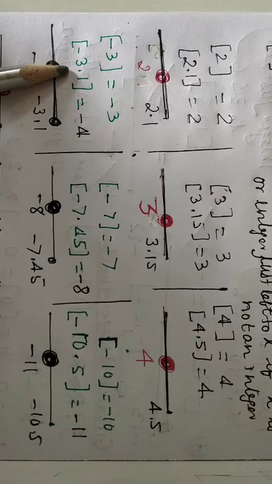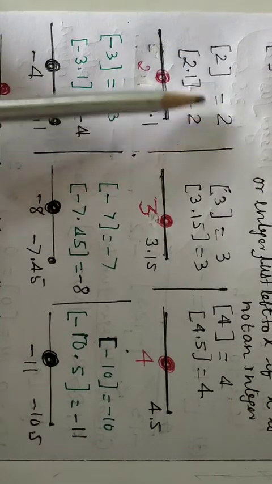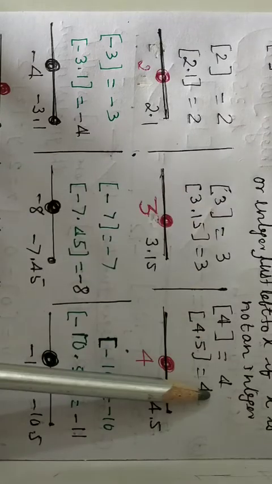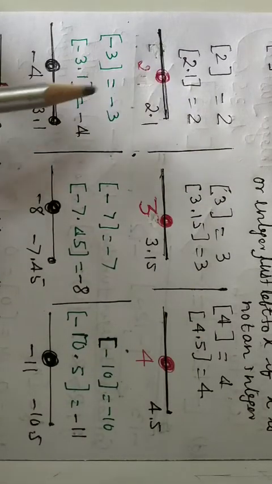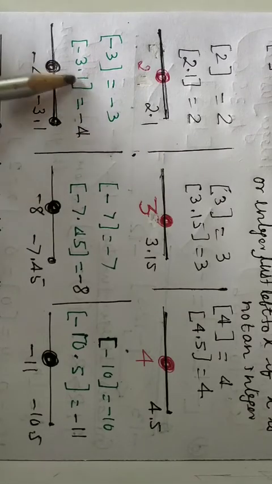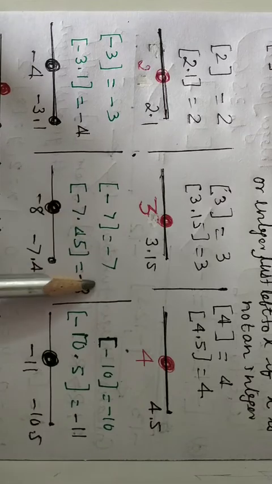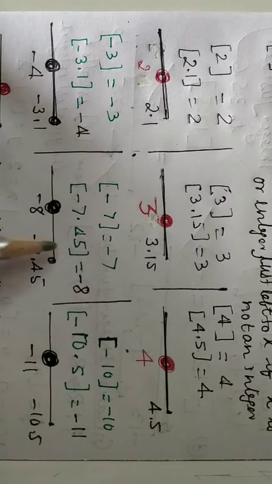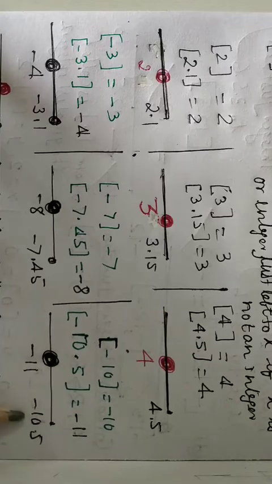But in case of negative, the greatest integer of an integer is the integer itself. But in case of decimal, move towards the left, just left. Minus 3.1, move towards the left, you get minus 4. Minus 7.45, move towards the left, minus 8. Minus 10.5, move towards the left, minus 11.